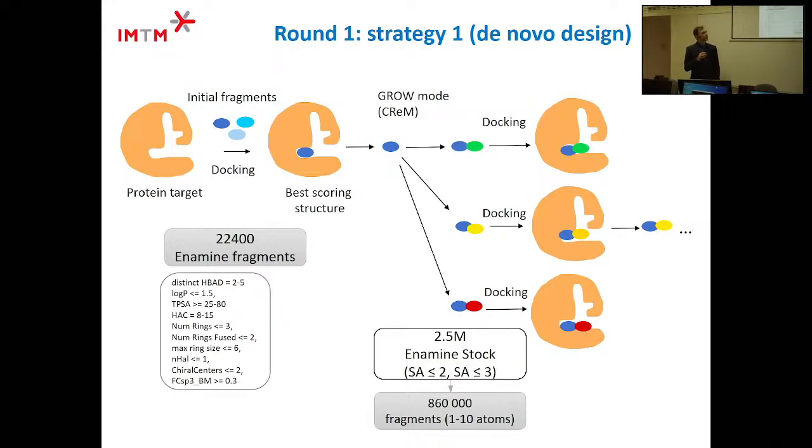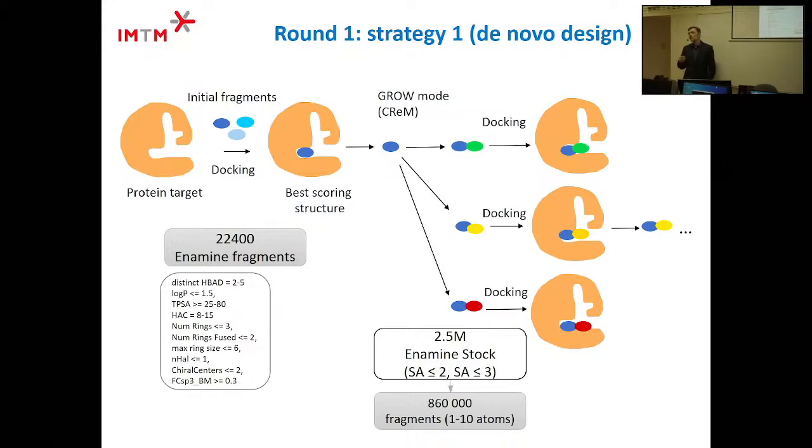So we selected 22,000 Enamine fragments according to these rules. They should have limited molecular weight, lipophilicity, and number of hydrogen bond donors and acceptors. Then we dock them to this protein and grow using CReM. And for growing, we use the fragments obtained from the Enamine stock compounds.